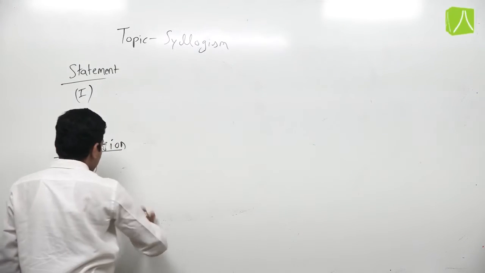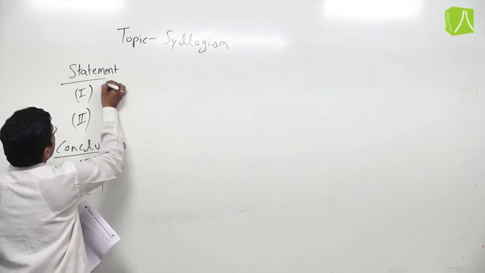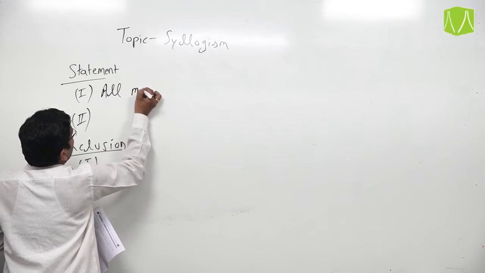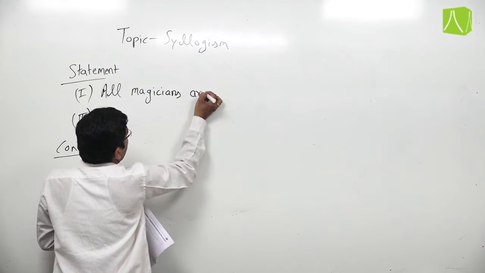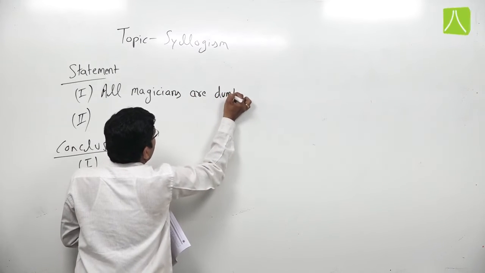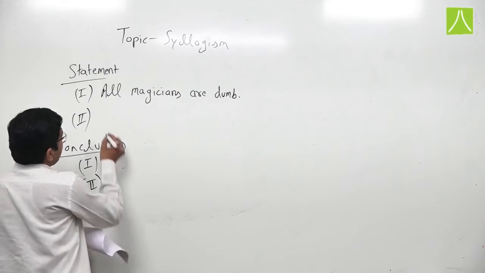Now take next example. All magicians are dumb.